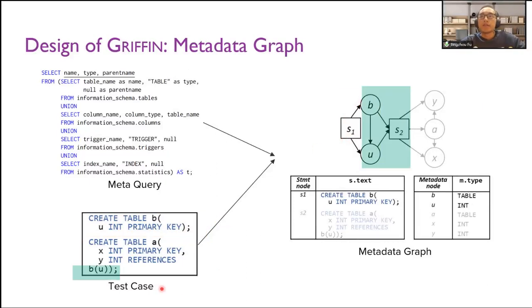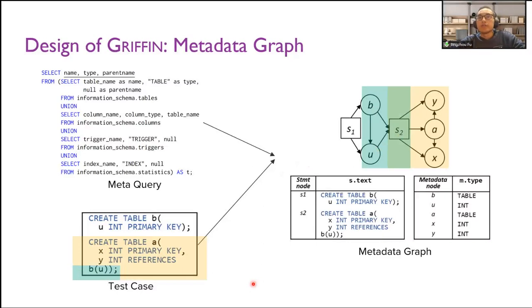For the second statement S2, because its plain text contains B and U, we can determine that its execution depends on the objects B and U. So we add the edges from B and U to S2.